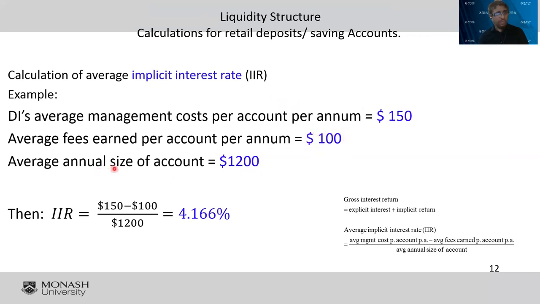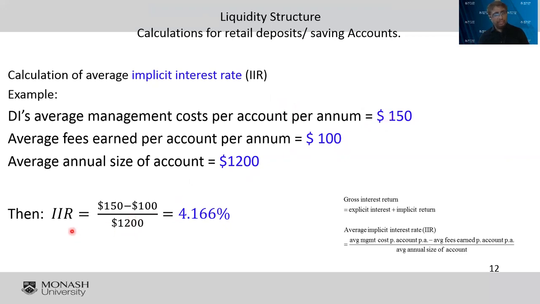And if your average annual size of account is 100, so in this case, your cost is 150 minus 100 over. They are not talking about giving you any interest. It's just the comparison between how much they charge you, how much it costs them to hold your account.